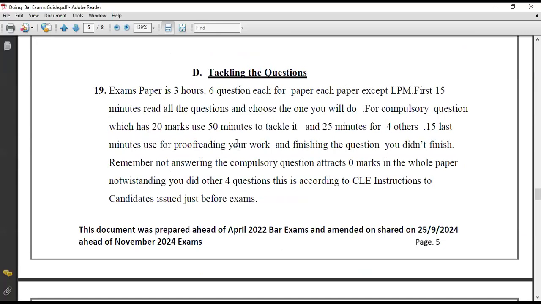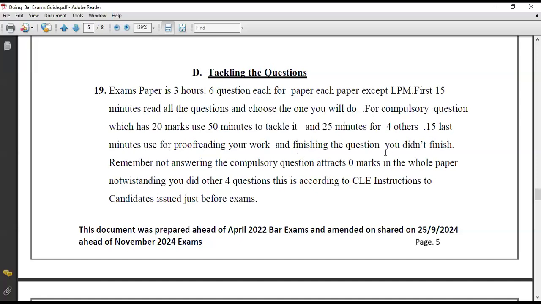The exam has 6 questions. For the first 15 minutes, read the questions and choose the ones you will do. The compulsory question has 20 marks. Use 50 minutes to tackle it and 25 minutes for each of the 4 others. Use the last 15 minutes for proofreading your work and finishing any question you did not finish.